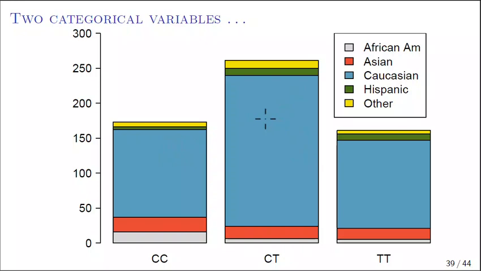And from this chart, we clearly know among these 3 types of genes, most of them have the type CT, okay? And among each type, the one that has the largest part is the blue, right? Blue means Caucasian. So we use this kind of tool to describe the relationship of these two categorical variables.